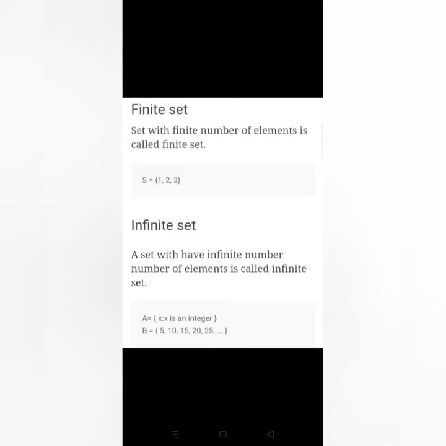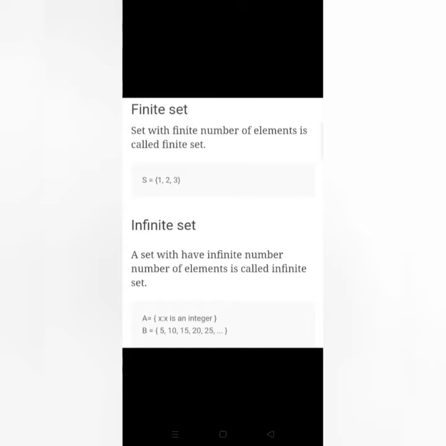Right? Do you understand? Then the cardinal number of a set is nothing but the number of elements in the set. When a set is finite, it is very useful to know how many elements it has. So, the number of elements in a set is called the cardinal number of the set or cardinality of the set.